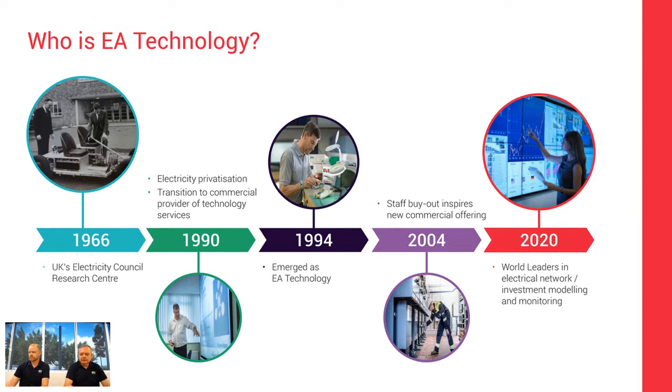By 1990, the privatization of the UK electricity industry started occurring, and EA Technology, after a couple of name changes, emerged eventually by 1994 as EA Technology. And then 10 years later, there was a staff buyout. So we're now an independent employee-owned company.